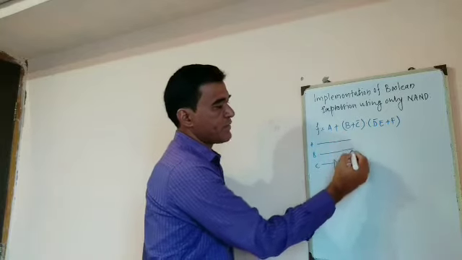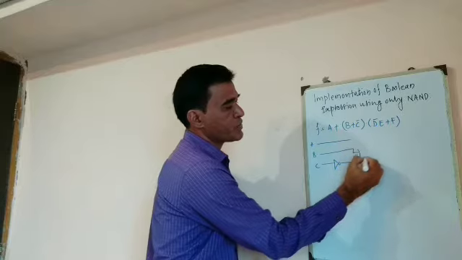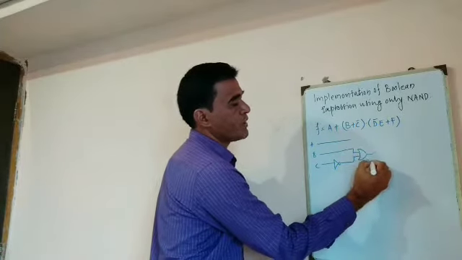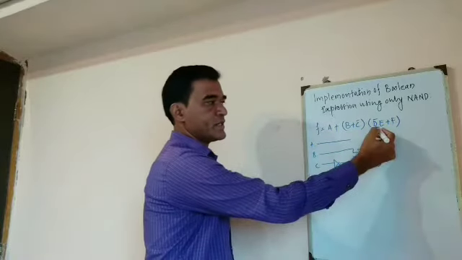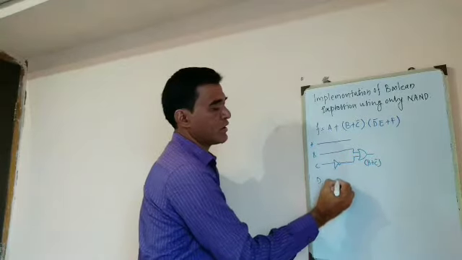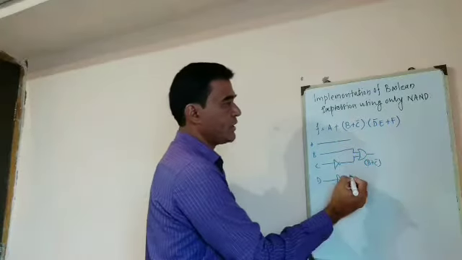Now B plus C bar, first do it. To perform the addition, we need to use the OR gate. So output of this you will get B plus C bar. Then next is D bar, we need again use the inverter, that is NOT gate, to get D bar.